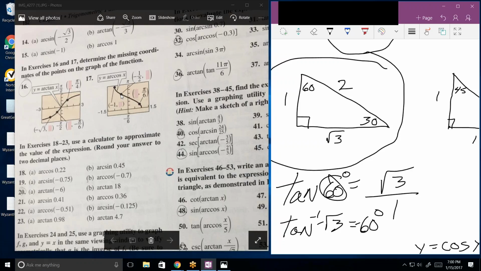Okay, so 60 degrees is the angle, but it's not 60. It's pi over what? Pi over 3. Positive or negative? Positive. Yeah, you can see that from the graph that it's got to be positive. And that's correct.